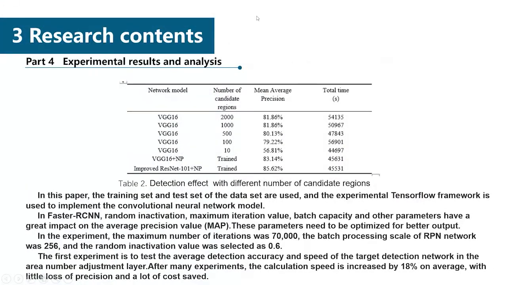Part 4. Experimental results and analysis. In this paper, the training set and test set of the dataset are used, and the TensorFlow framework is used to implement the convolutional neural network model. In Faster RCNN, random inactivation, maximum iteration value, batch capacity, and other parameters have a great impact on the mean average precision value (MAP).